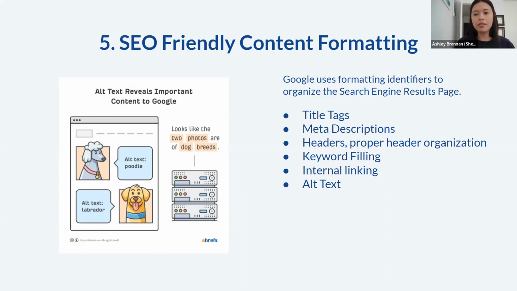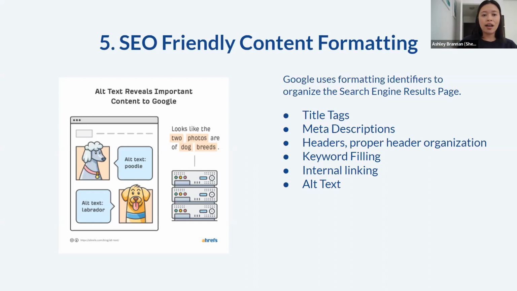For example, title tags are the little blue links that show up on the search engine results page that you can include keywords in and give a little bit of information about what your content is about. And that'll signify to Google what your content is about, what keywords are included in your content, and be more likely to rank your content for those keywords. Same with meta descriptions, which are the little descriptions that show up underneath the title tags within the search engine results page.